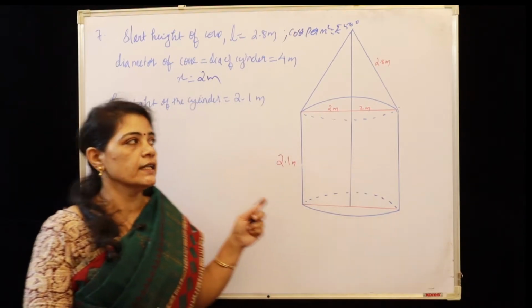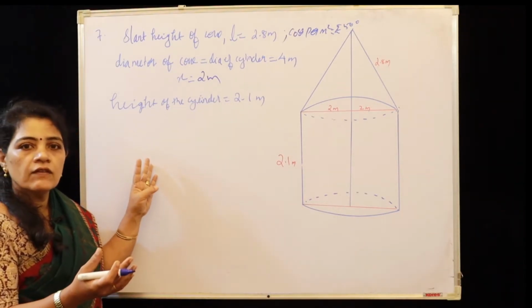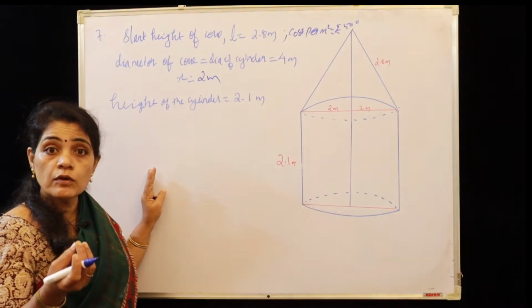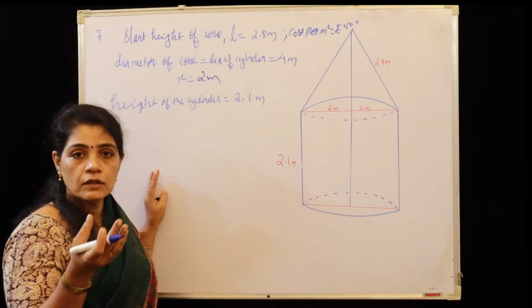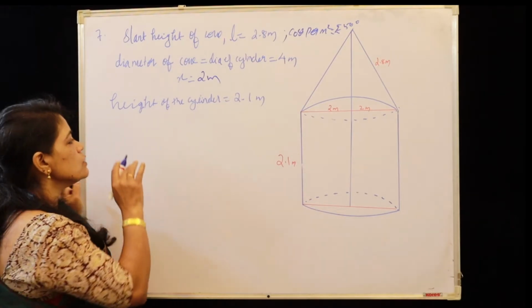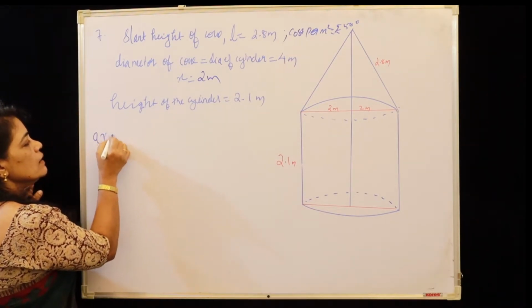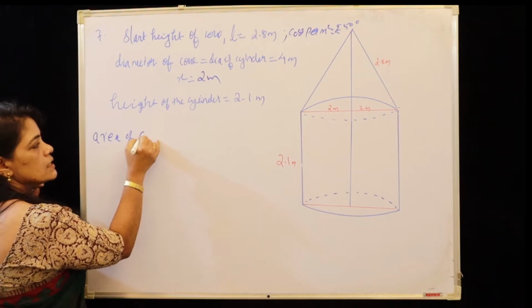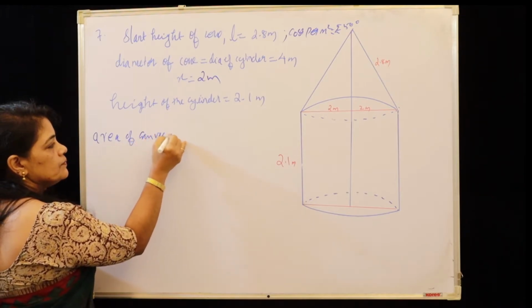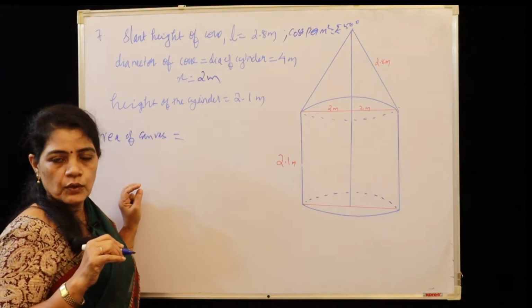Okay, let us move on. So everything is given, so it's quite a simple problem, but this problem has also been asked many times in the board examination. So the area of canvas needed is equal to, what is that?